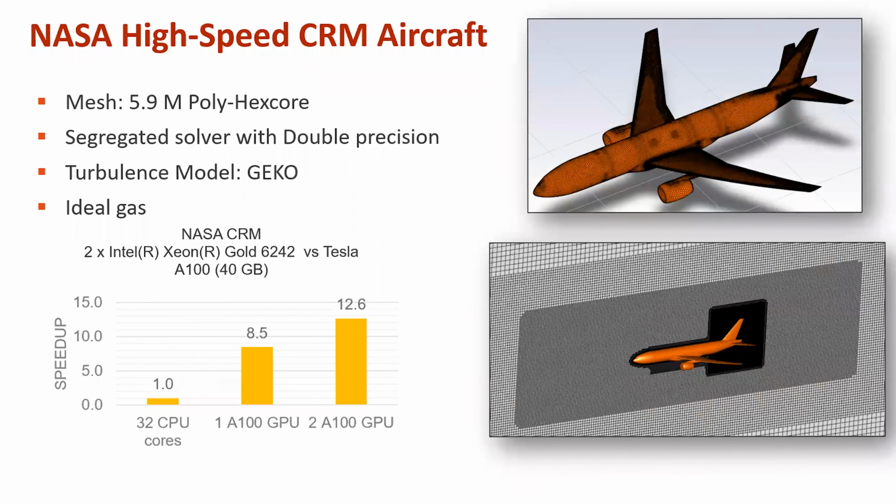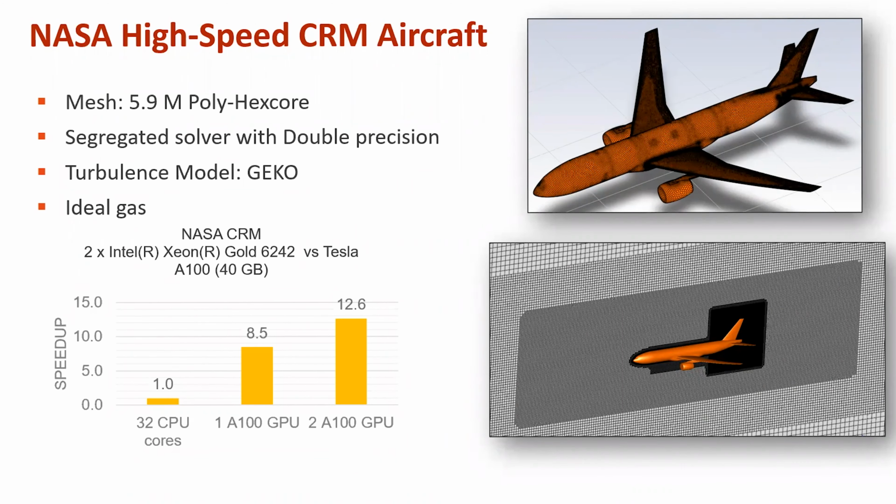This is another example wherein we did an external aero simulation on a NASA CRM aircraft. This has around 5.9 million cells. This was a segregated solver run with double precision and the generalized K-omega turbulence model. This one had ideal gas properties.